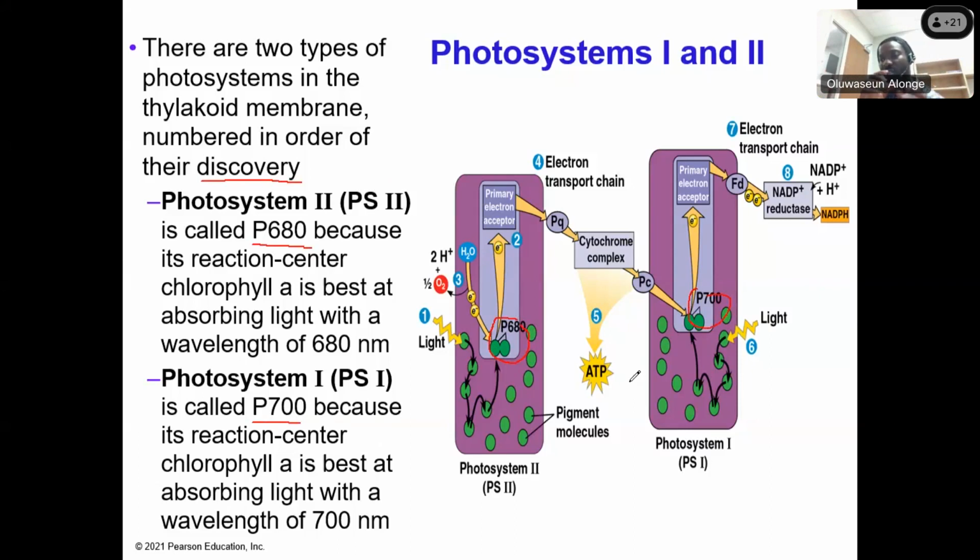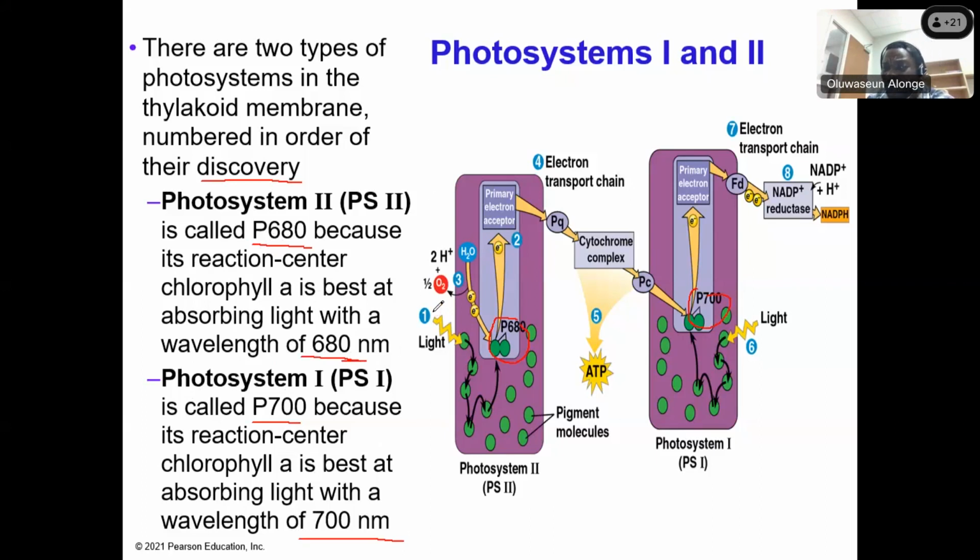They capture it, then propagate it until it gets to the reaction center. So P680, because its reaction center chlorophyll is best at absorbing light within 680 nanometers, and P700 because it is able to absorb light within that wavelength. That is why we call it that number.